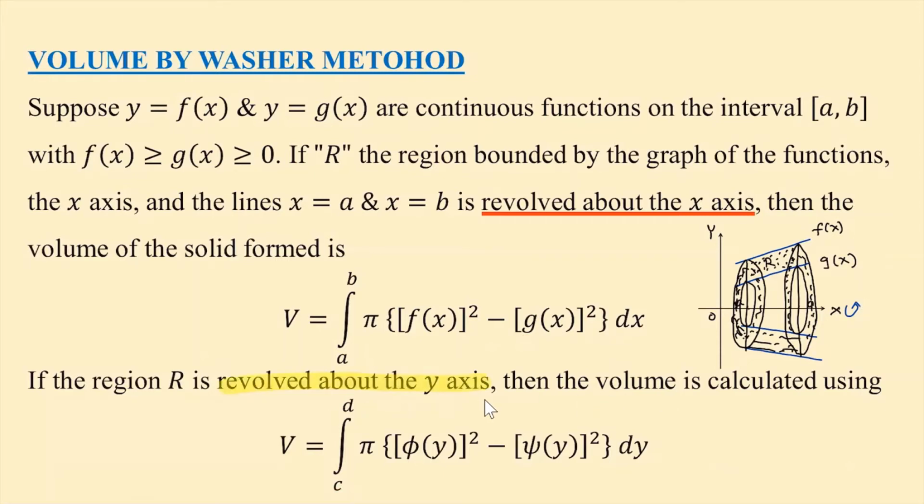The volume will be equal to the integration from c to d, these being the values along the y-axis, with respect to y, of pi times phi of y squared, since now we are writing the function as a function of y, minus psi of y squared dy, where phi of y is the function which is far from the y-axis, and psi of y is the function which is closer to the y-axis.